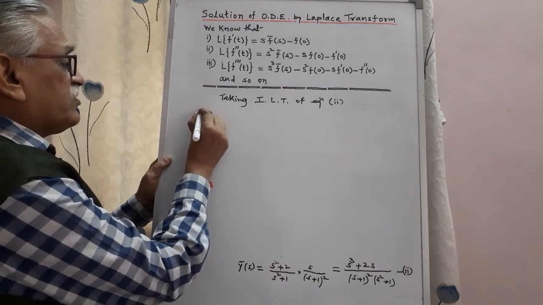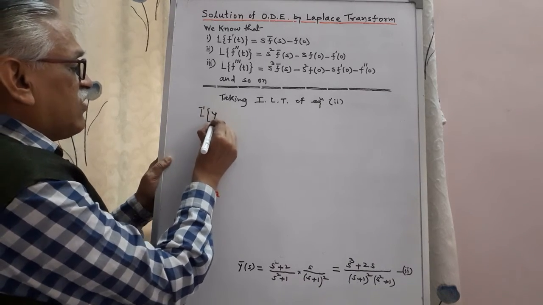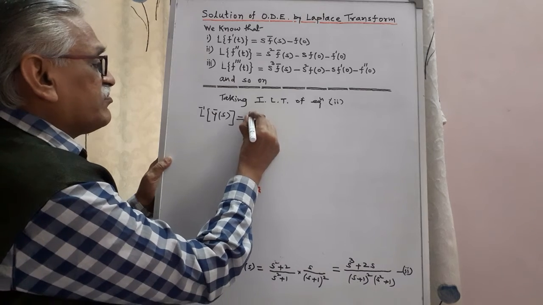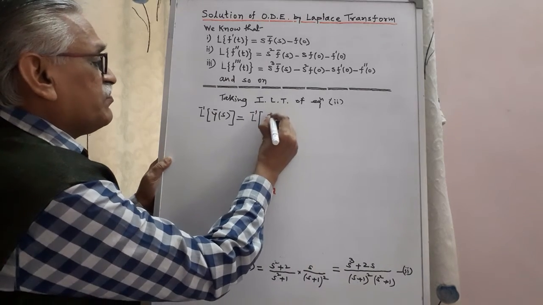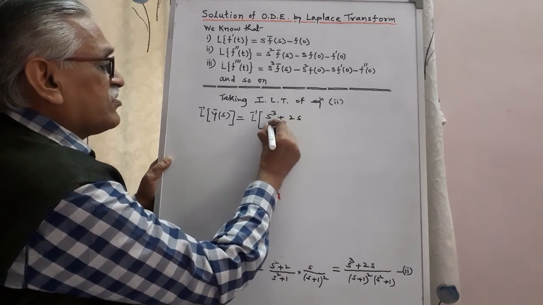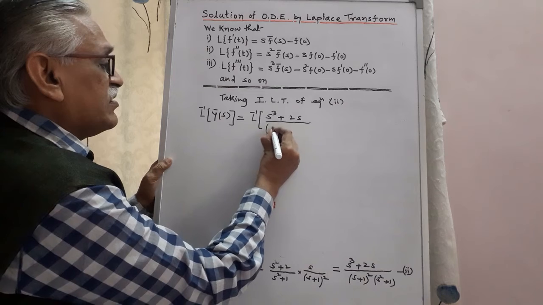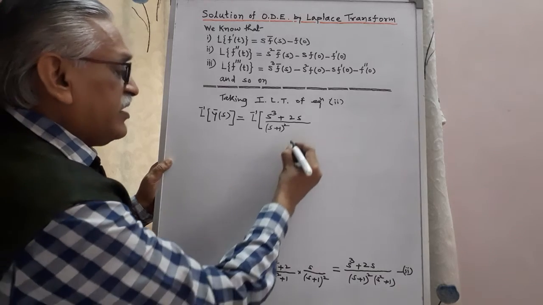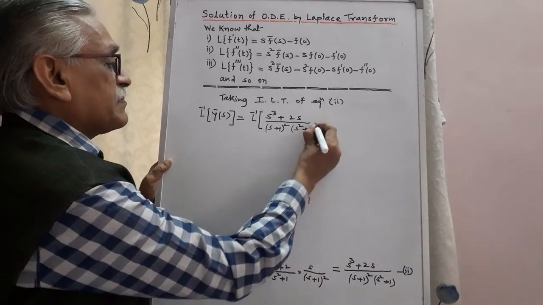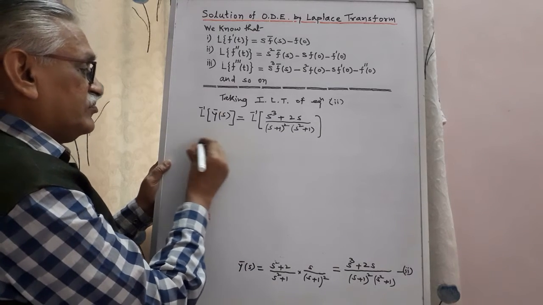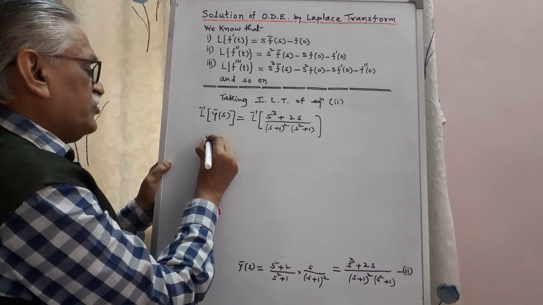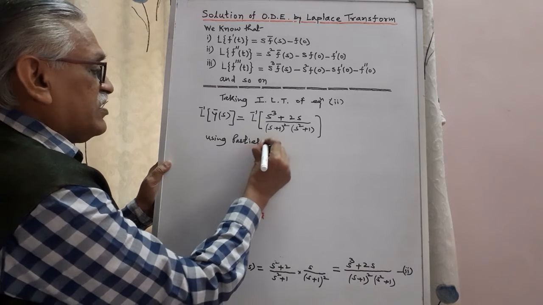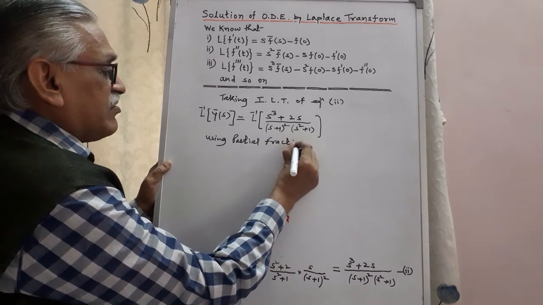Therefore, inverse of y bar of s is the inverse Laplace of the right hand side term, s cube plus 2s divided by s plus 1 bracket square and s square plus 1, using the partial fraction technique or method.